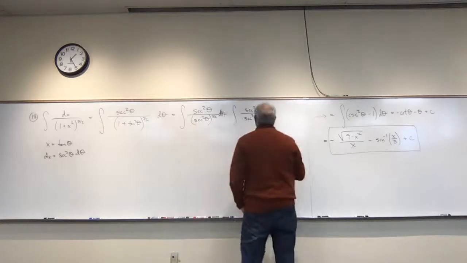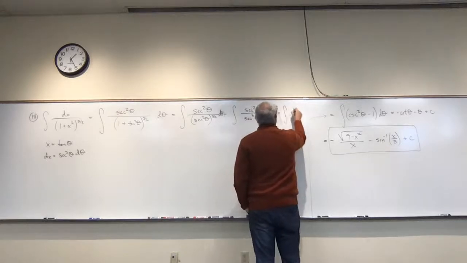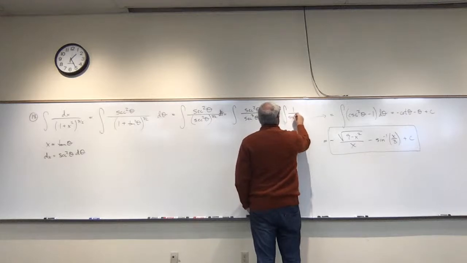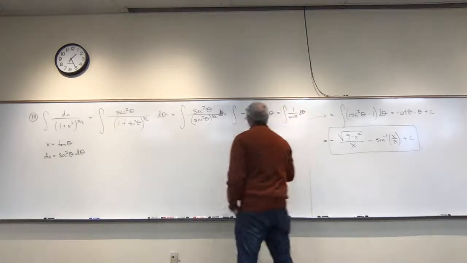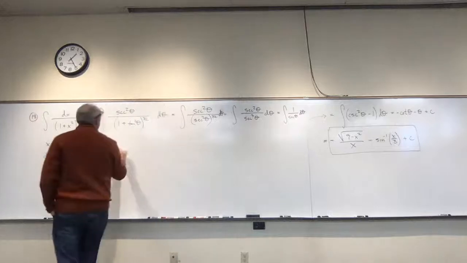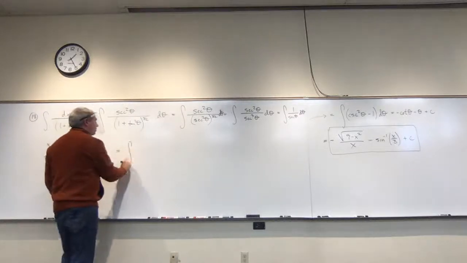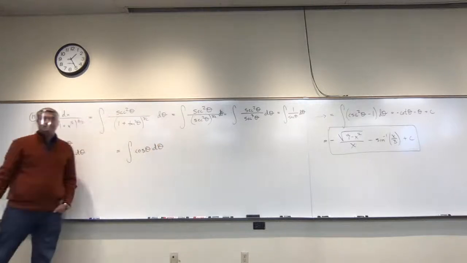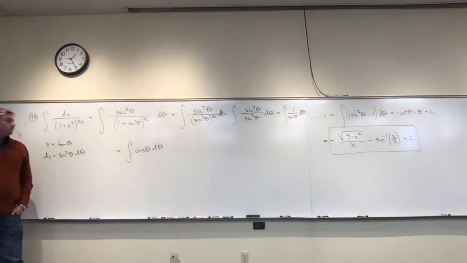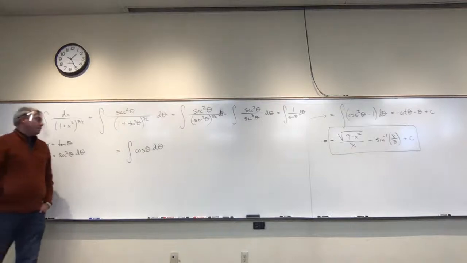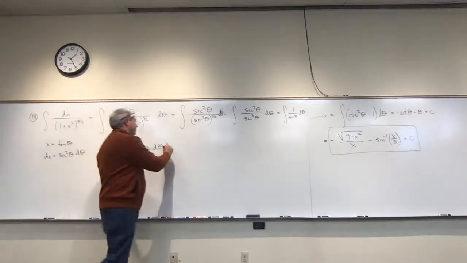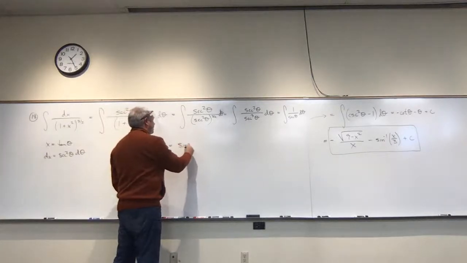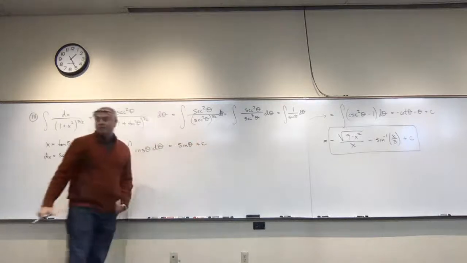Now some things cancel, and I'm just left with 1 over secant theta d theta, otherwise known as the integral of cosine theta d theta. It's pretty good. I can take an antiderivative, and I just get sine of theta plus c.